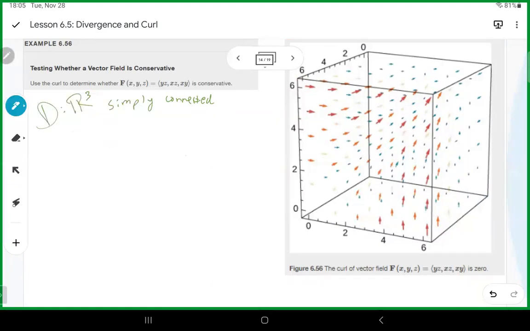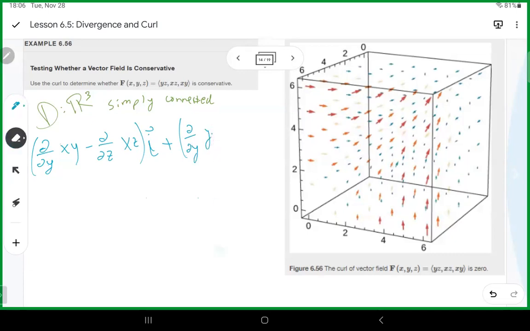So not going for Christmas this time. So we would have, oops, that should be Y. X, Y. They actually don't use the parentheses there. And plus.